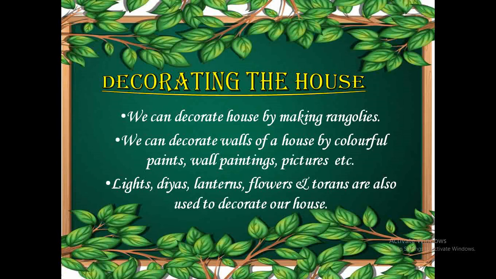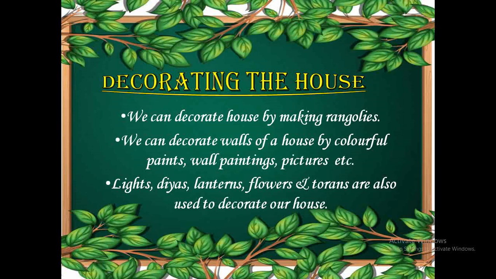So the next point is, we can decorate the walls of a house with colorful paints, wall paintings, pictures, photo frames, etc. So we can use different colorful paints, wall stickers, wall paintings, photo frames, etc. to decorate the walls of the house.